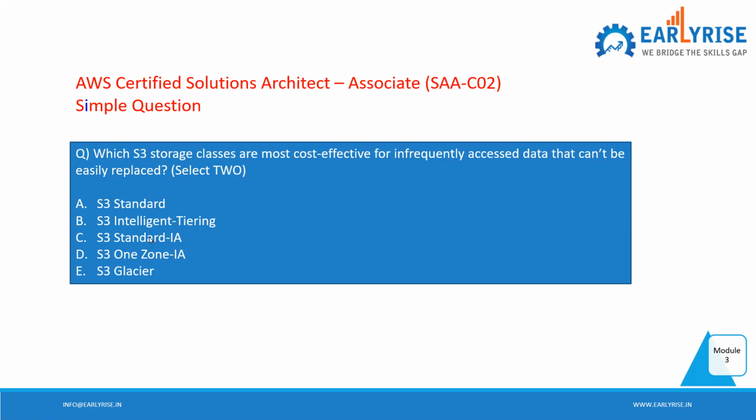So when you don't know whether it is infrequently or frequently accessed, in that case you choose Intelligent-Tiering, because you are not sure about the nature of the data. But here in the question, it is clear that it is infrequently accessed data.